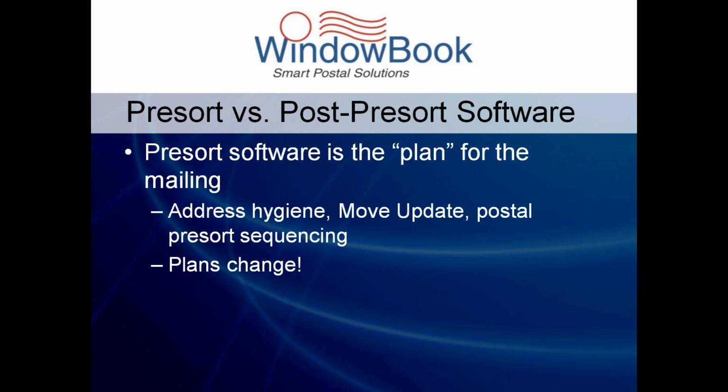So first, let's talk a little bit about PreSort software and post-presort software. PreSort software is the software that's used to prepare the initial plan for a mailing. It includes such elements as address hygiene and move update functions, duplicate elimination, as well as the more commonly known function of sorting the address records into the sequence specified by the Postal Service in order to take advantage of various postage discounts.